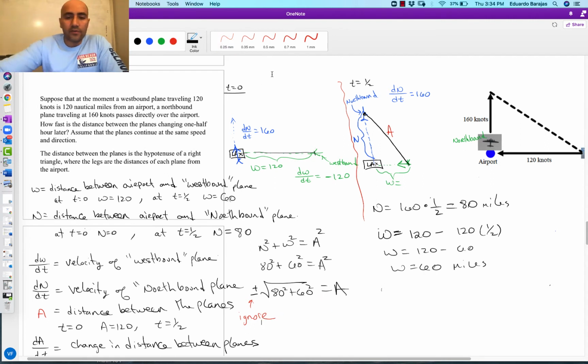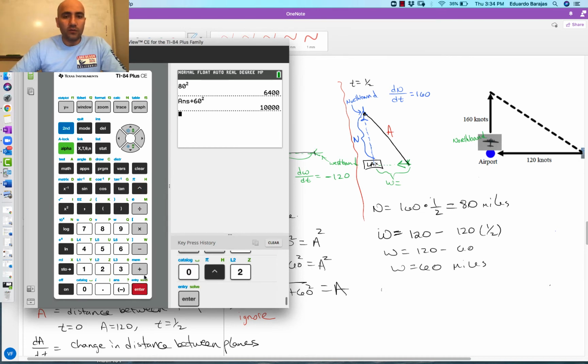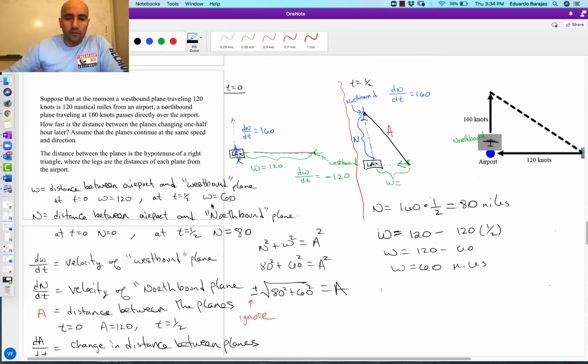Now we can get our calculator out and figure out the value of A. 80 squared plus 60 squared equals 10,000. And then we want the square root of that, which is 100. So 1/2 hour later, A is going to be equal to 100 miles.